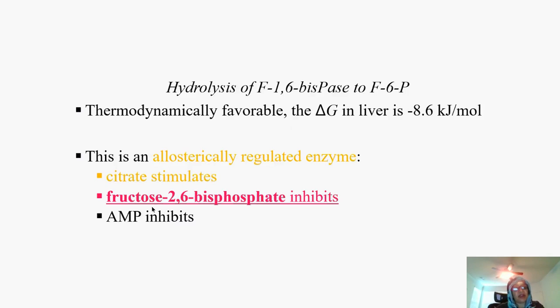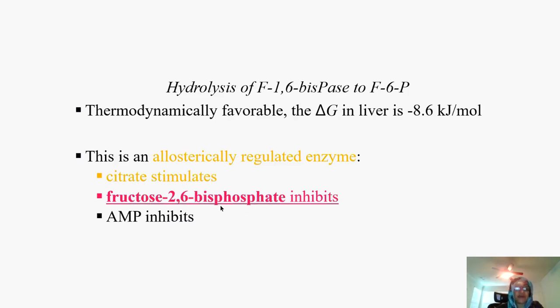Okay, this is a very interesting molecule, fructose 2,6-bisphosphate. It says here it inhibits gluconeogenesis. It inhibits glucose synthesis. So why? What's the correlation between this molecule and gluconeogenesis? Number one, fructose 2,6-bisphosphate is an intermediate in a carbohydrate metabolic pathway where we should have a high amount of carbohydrates to convert fructose 6-phosphate to fructose 2,6-bisphosphate.